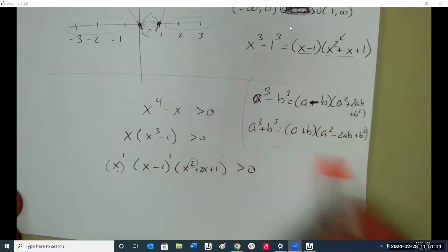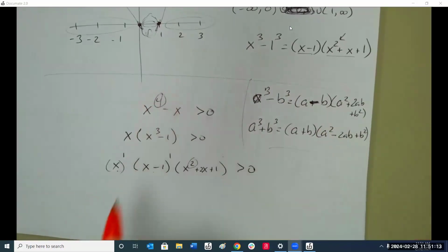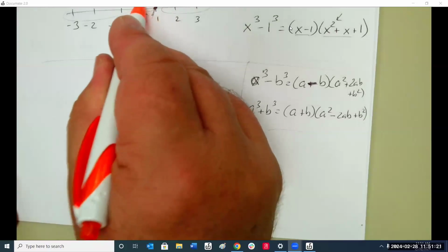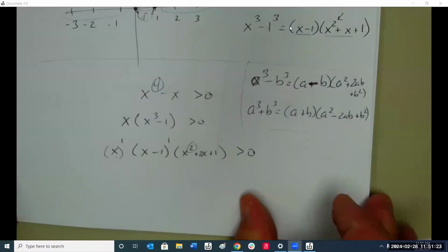Again, because we had to have a degree 4. So our solution was not bouncing, it was crossing.